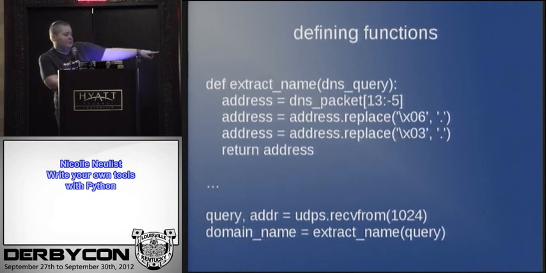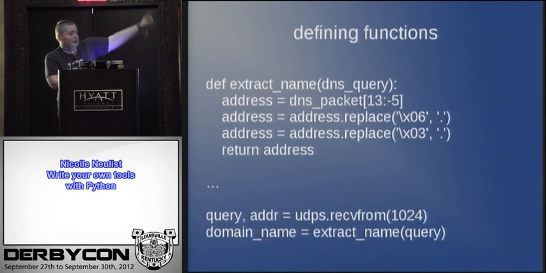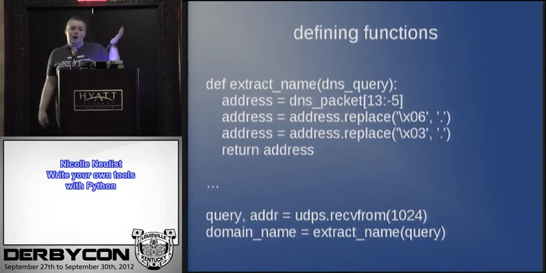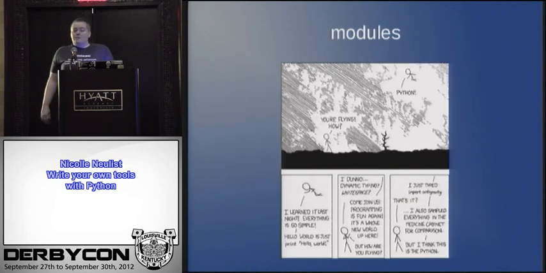Since I defined the first part of that tuple as query, you run that text through extract name, it's going to give you www.google.com or www.rogueclown.net or whatever the address is. So that's just a pretty short, simple example of a function that you could define in a script to play around with network data.